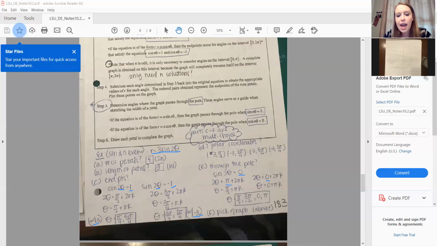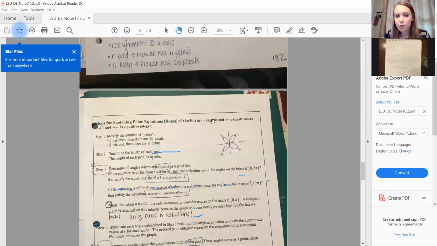Okay, and so then you just pick the graph, and I wrote above because I drew it up there. But you're looking at these angles, at pi over 4 angles, it's supposed to be petals. And at the poles, it's supposed to be zeros. So let me scroll up here so y'all can see it. Y'all know my pi over 4 angles are in the middles right here.